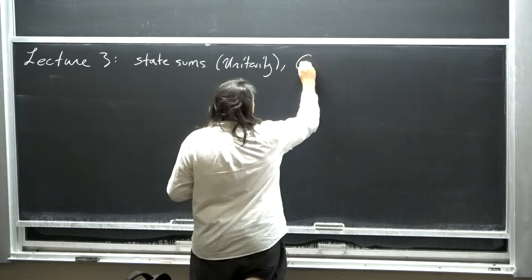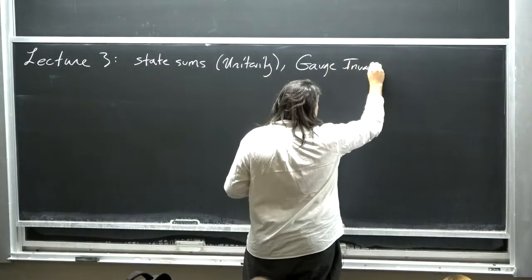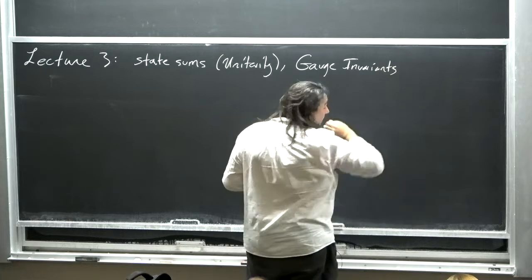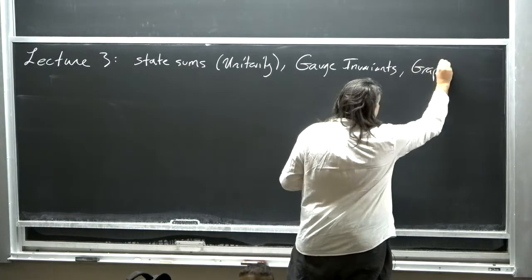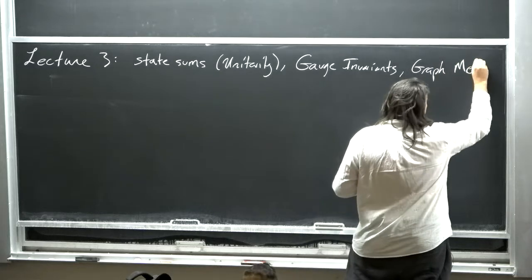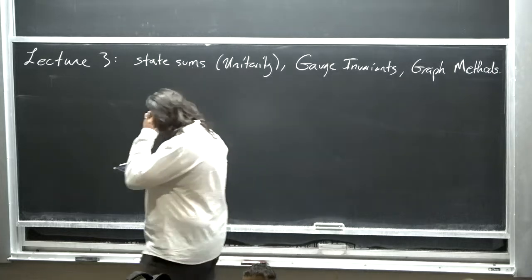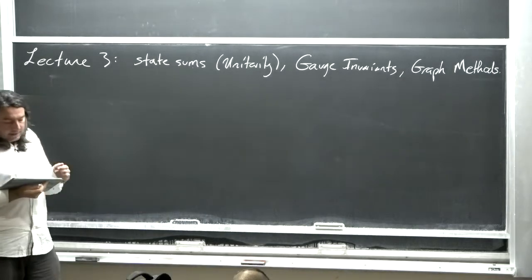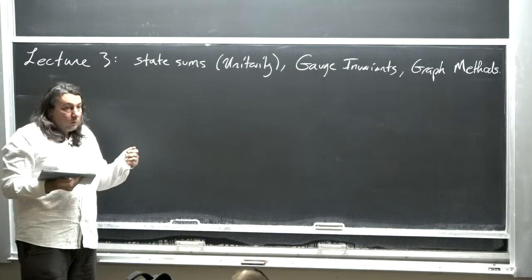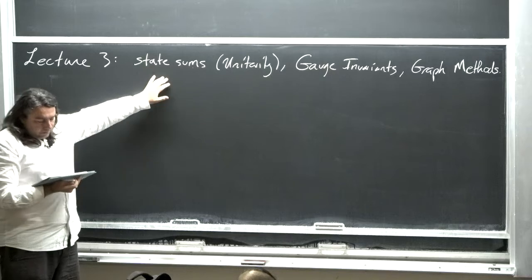We're going to talk about gauge invariant building blocks that go into full amplitudes, and we'll talk a little bit about graph methods. All right, so we're going to jump into 4 points now, and the first thing I'm going to talk about is state sums. We'll set this up.